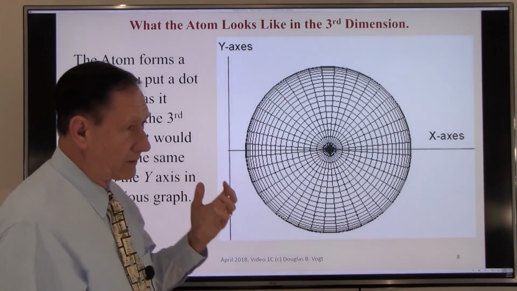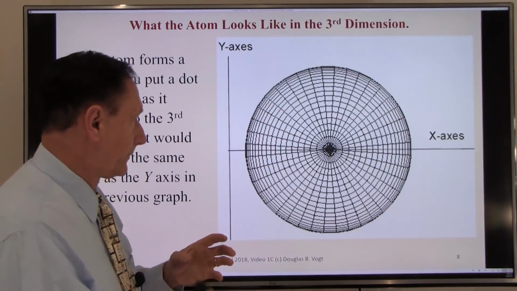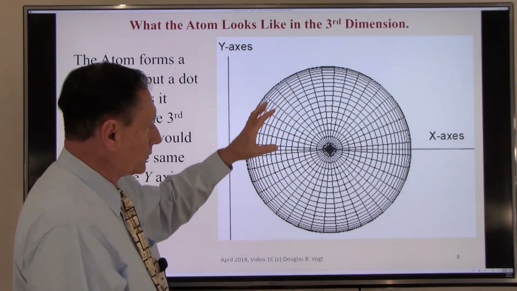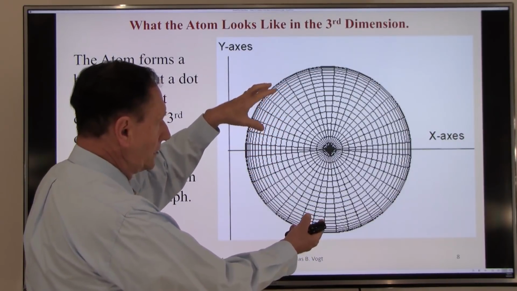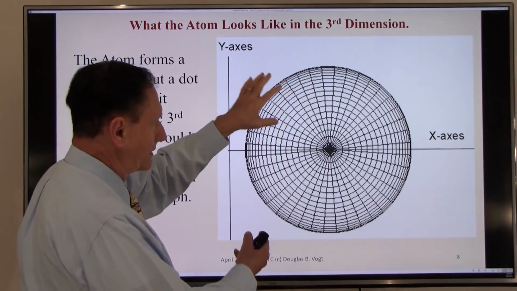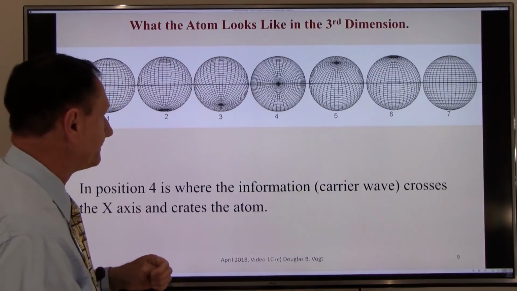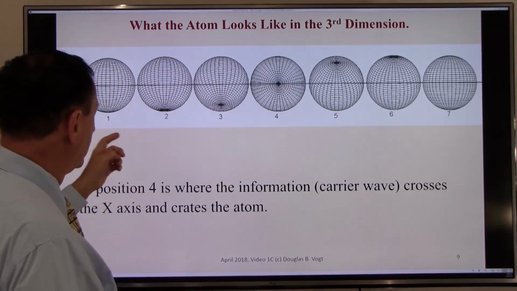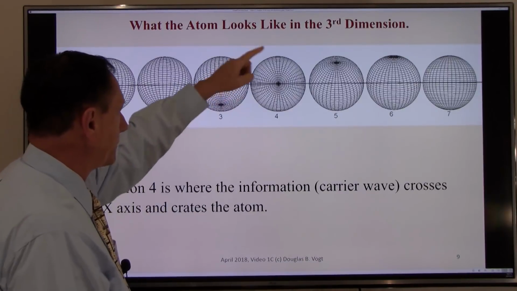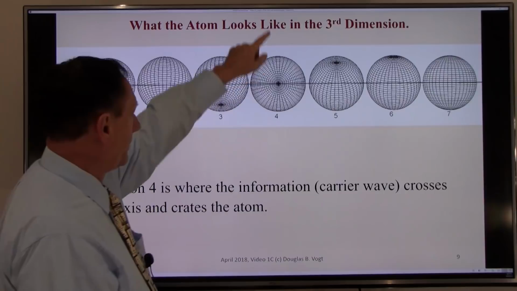Okay, imagine an atom is burst out, it becomes an atom in this dimension. So let's say it's a big round ball, and it's really a bunch of information, frequencies, but across the x-axis, this information, the second dimension, becomes the atom. If you were to put a dot on that ball and trace it as it goes through the process, it would go like this, and then it would flip up.